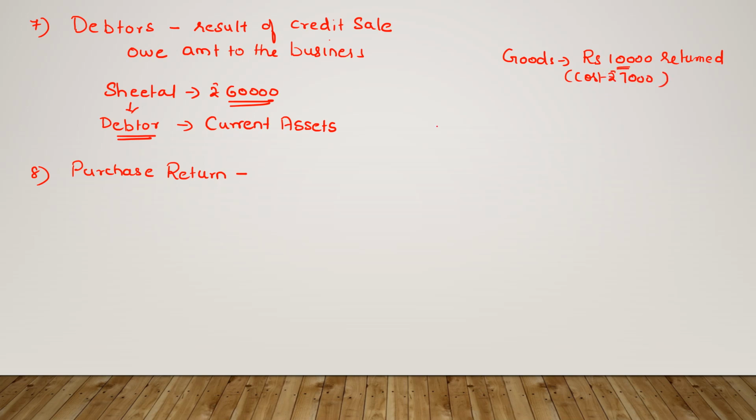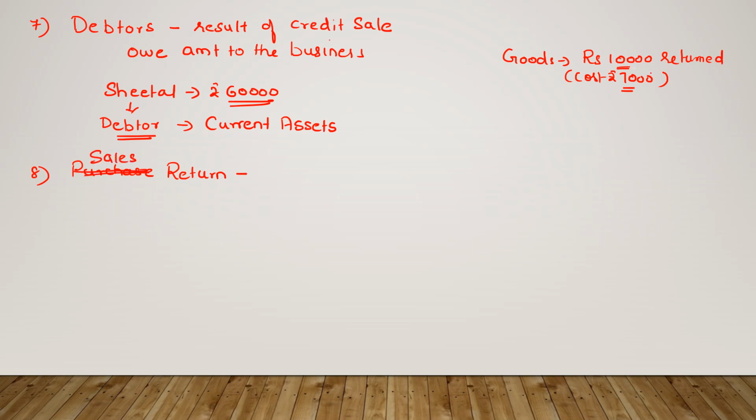So the customer who took the goods, might be from Sheetal, 10,000 worth goods have come back into the business, and those goods, the cost of which was 7,000. So first we will take the term sales return.